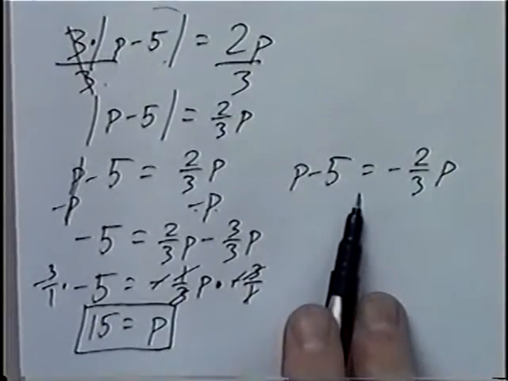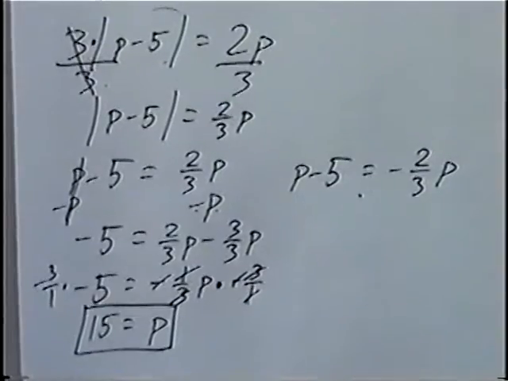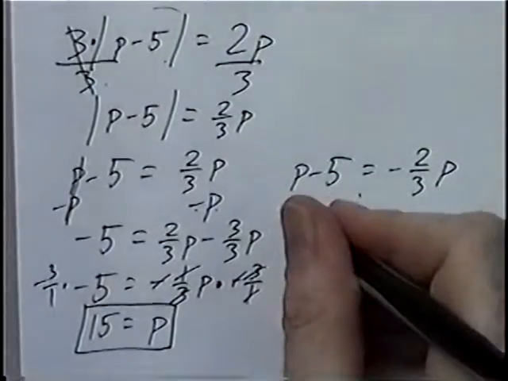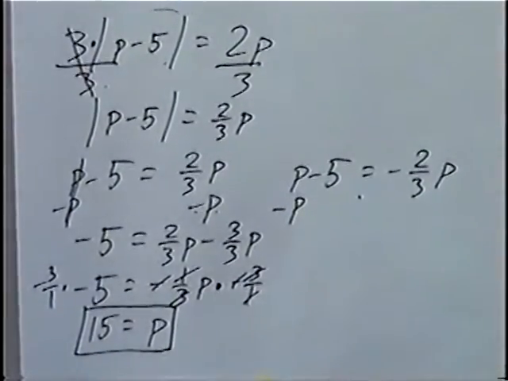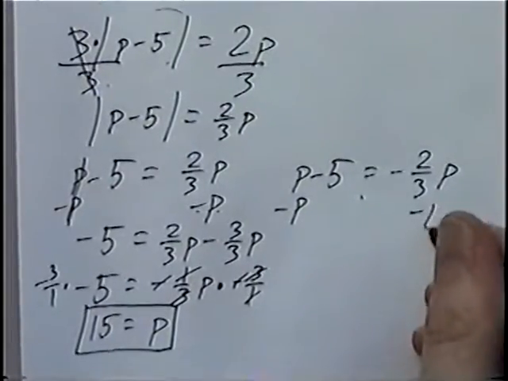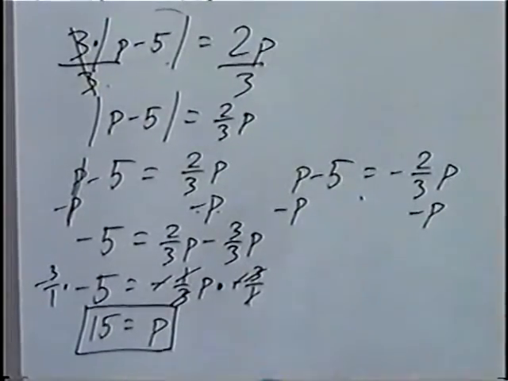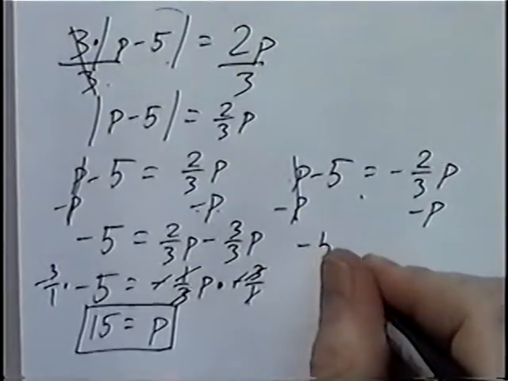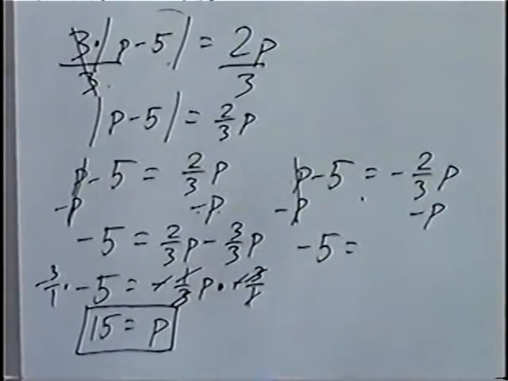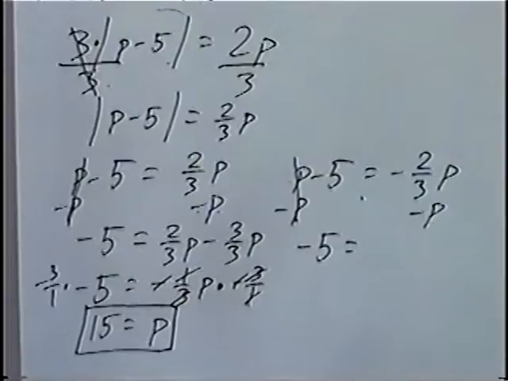The second equation that we had written earlier is equal to negative 2/3 p. Same steps, we can subtract p on both sides. Negative 5 again stays the same. And again, we'll need common denominators to subtract fractions.